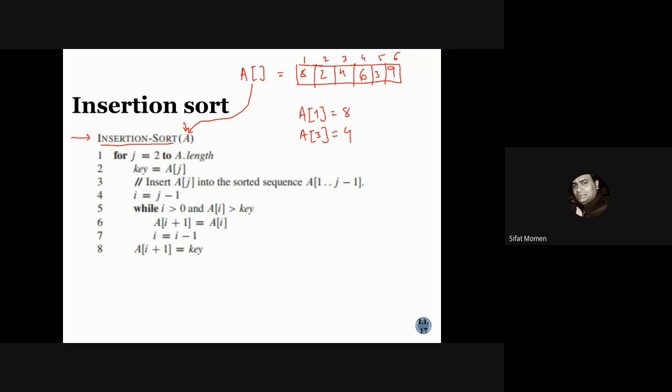The reason is, first of all, understand that not all programming languages start an array with index 0. There are several languages called zero-index languages, and there are many other programming languages which are called one-index programming languages, right?